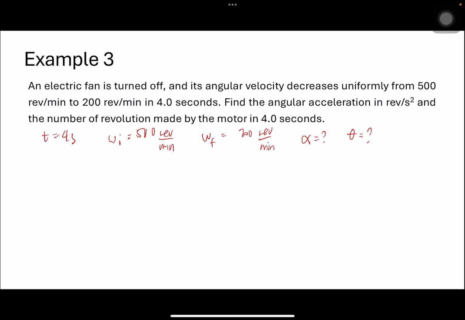So we start off by turning all your angular velocity into revolutions per second because the time is in seconds. Your initial angular velocity will become 500 revolutions per minute. 1 minute is 60 seconds, so just cancel out minutes. It will be 500 divided by 60 or 8.333 revolutions per second.